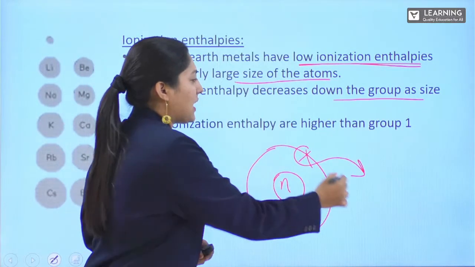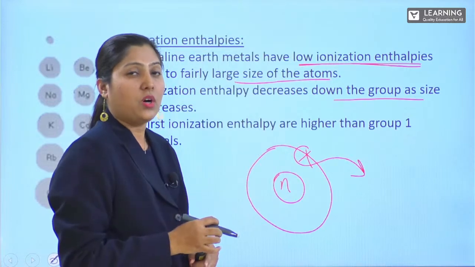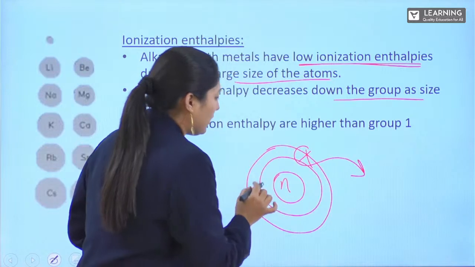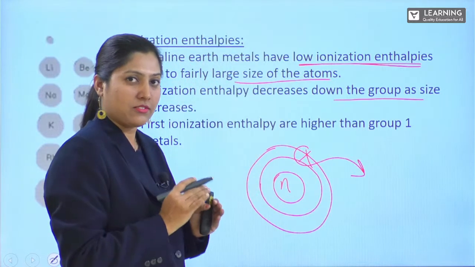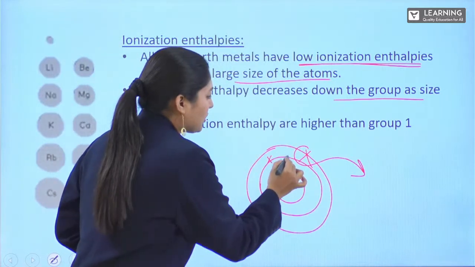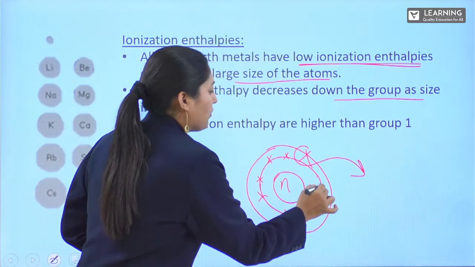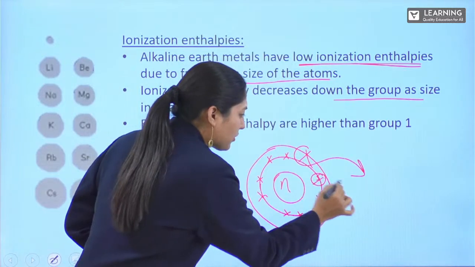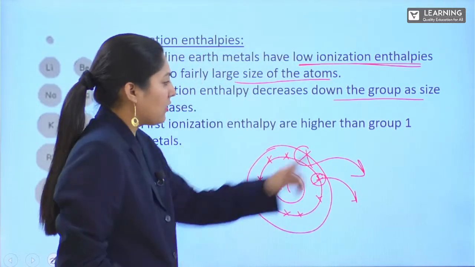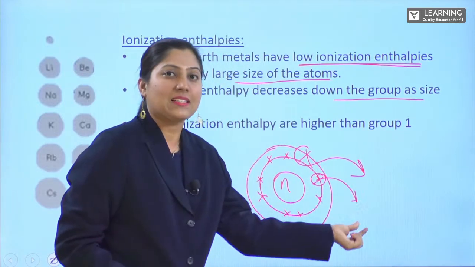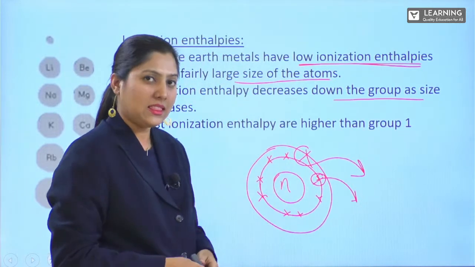So this is the first ionization enthalpy for the first group. And inside, the inner core has noble gas configuration, that means 8 electrons. If I remove the first electron, and then remove a second electron, that is called the second ionization enthalpy.